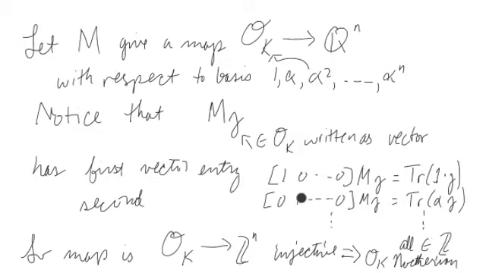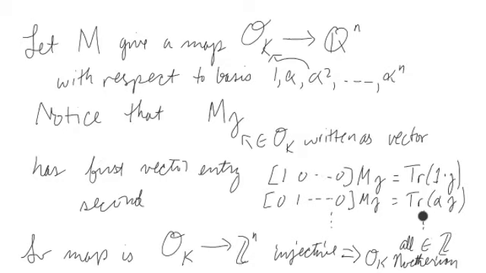Similarly here, if I have a 1 here, that represents the element alpha, and so we get the trace of alpha times gamma, and that's also an integral element because alpha is integral and gamma is integral, and we're working in a ring. So we end up getting that the output of gamma is actually in Z^n, because all these entries are going to be integers themselves.